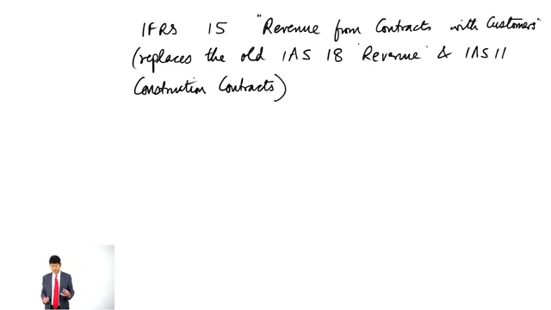And as I was saying earlier, one of the main problems with the old IAS has now been sorted, and it is the difference between the at model and the over model.